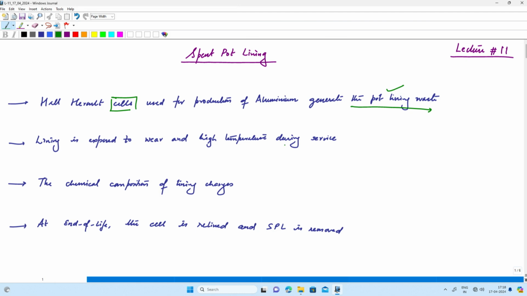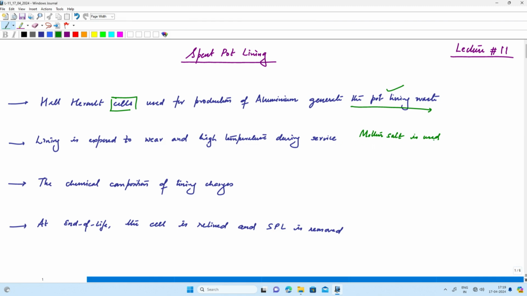We already know that the electrolyte is a molten salt, and cryolite is one of the most important electrolyte components used for aluminum.